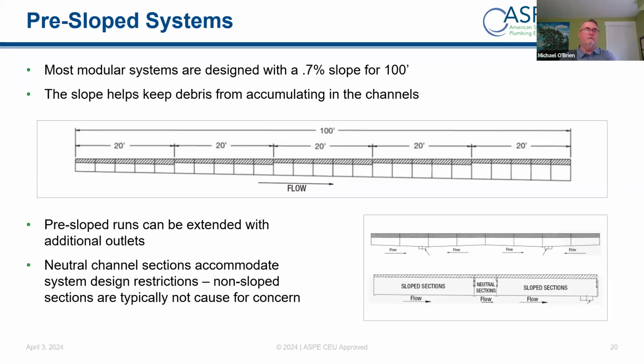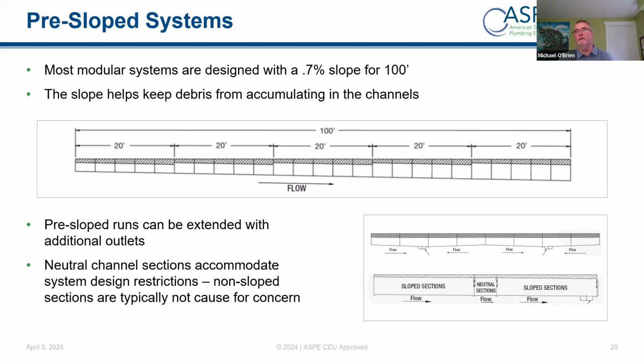So most systems can go 100 feet in one direction, but adding outlets along the way, you could go on for quite a distance. So if we look down here, and the bottom drawing at the top, you'll see we have two outlets.